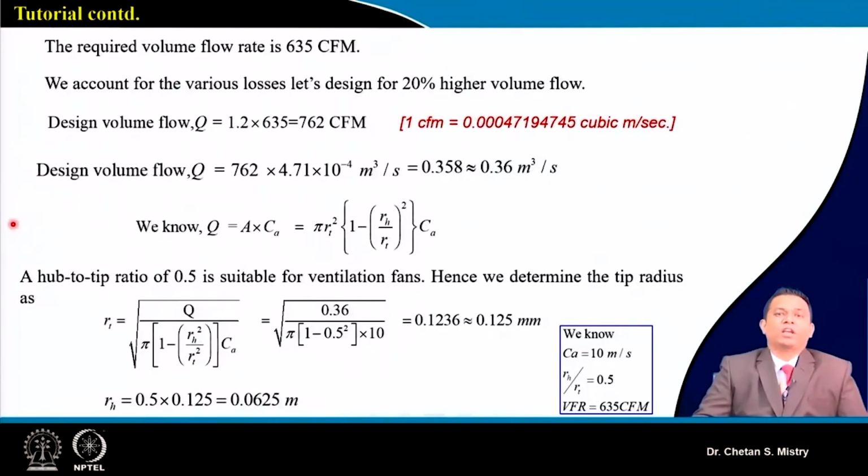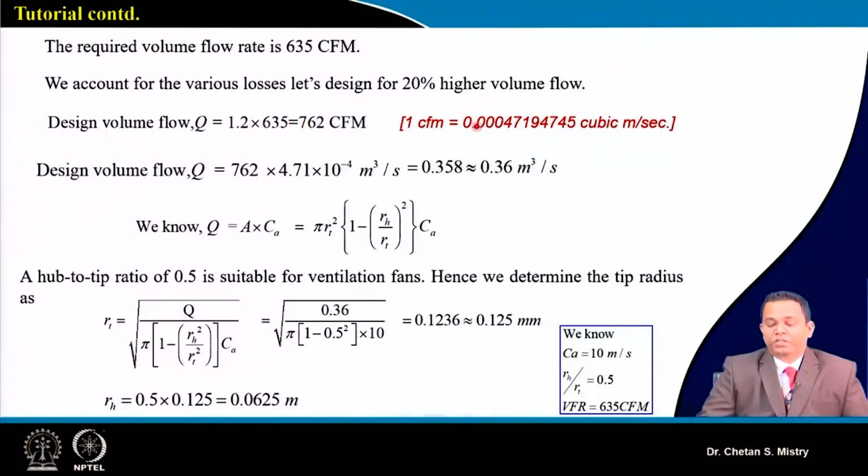The required volumetric flow rate given is 635 CFM. If we account for some losses, let's design for a 20% higher CFM value. So we take our volumetric flow rate as 1.2 into 635, so we will design our fan for 762 CFM.